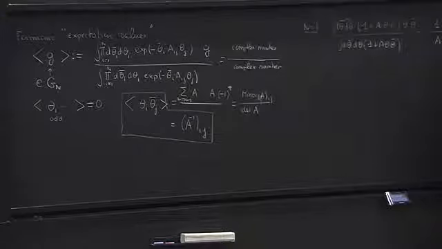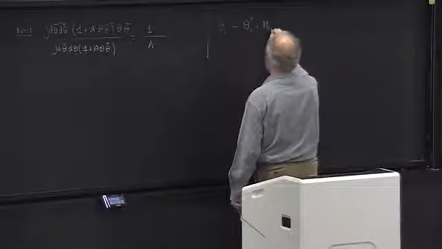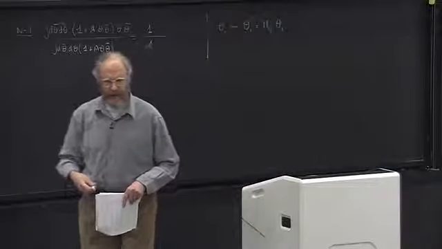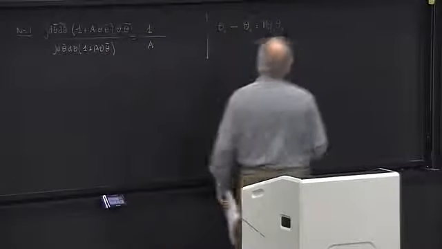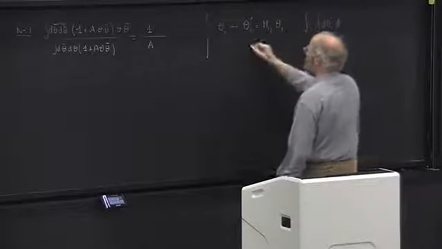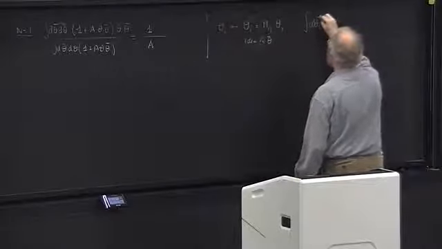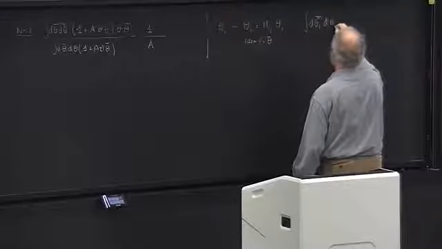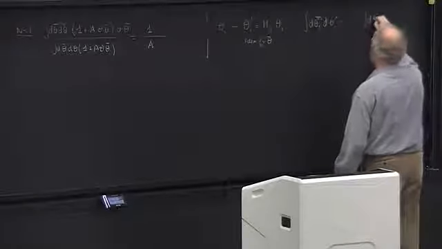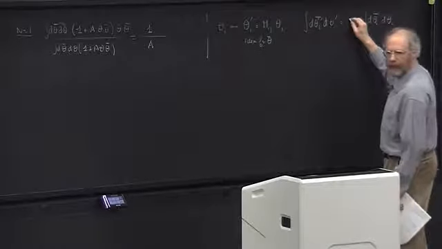You can change theta I into, let us say, theta prime I equal some matrix MIG theta I. And then you will have integral over d theta prime I, of course, and the same for the theta bar. I think that this will be theta bar, theta I, but you will have the determinant.